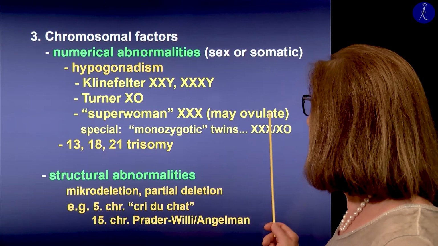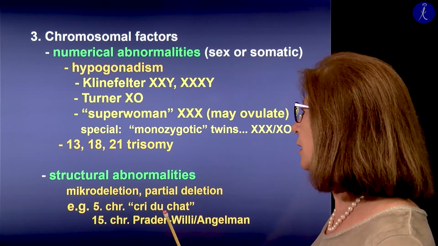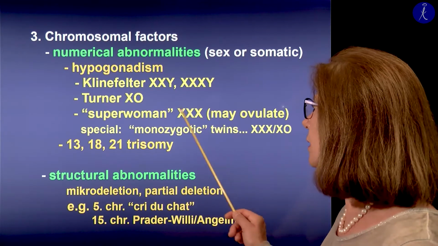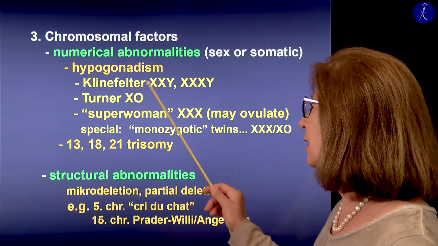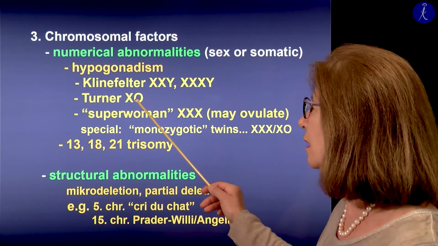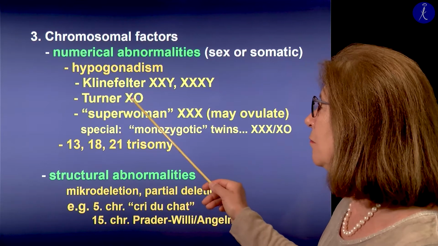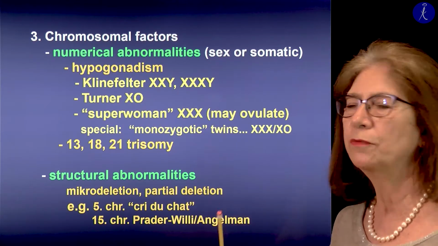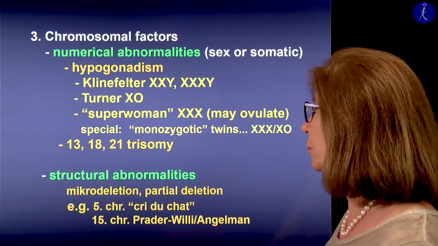They may ovulate occasionally. And it's a special case if, due to non-disjunction, or in monozygotic twins, one may have Turner syndrome because this X chromosome moved to the other cell during the separation of the twins, and the other may be a superwoman.